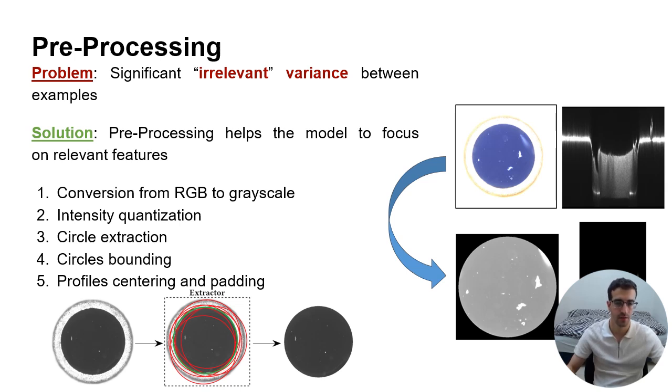We quantize the intensity into 10 bins. We do this to minimize the influence of differences between similar pixel values. And we even extracted the bounded circle you can see at the bottom of the slide because the background is not relevant.